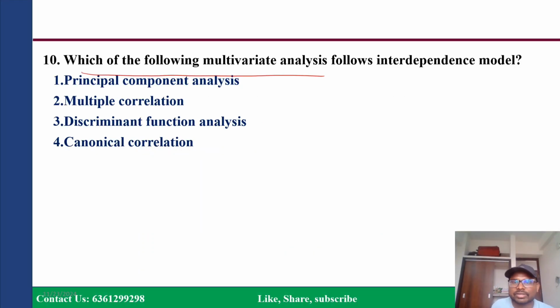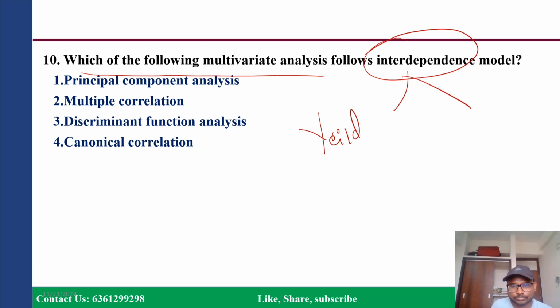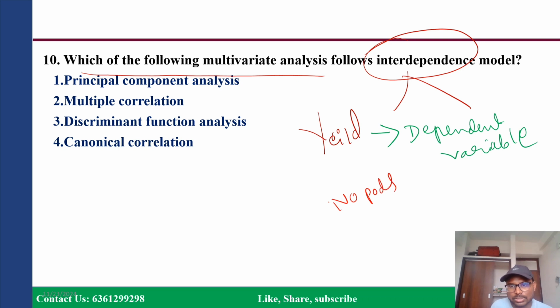Then, which of the following multivariate analyses follows the interdependence model? What exactly is this interdependence model? For example, you have a yield, which is a dependent variable, and you have number of pods, number of tillers, number of seeds per plant.